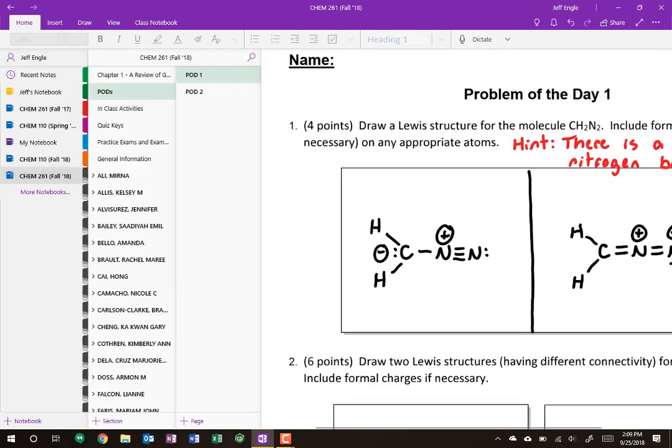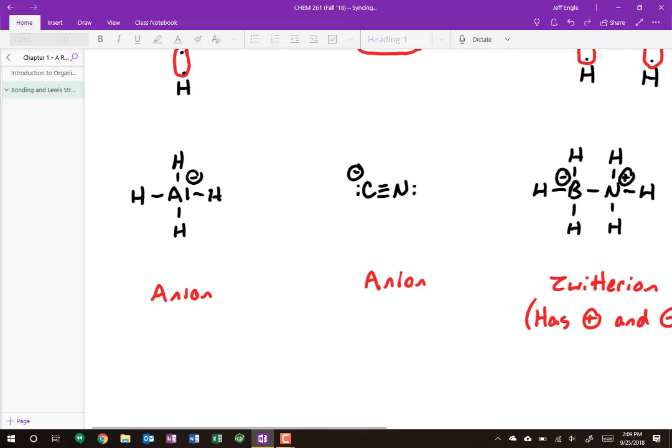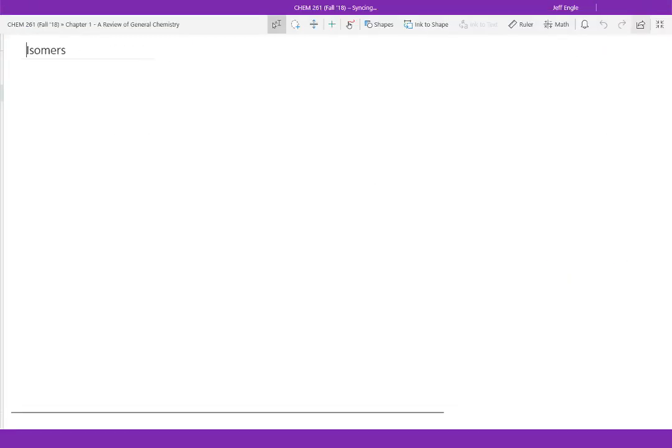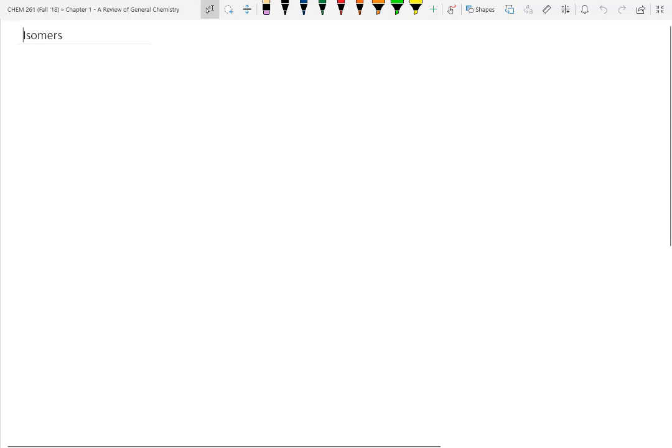Okay, going backwards. We've got to switch gears a little bit and talk about something called isomers. Does anybody remember talking about isomers in their other chemistry class? Anybody remember what they are? Okay, so I heard same molecular formula. That's the key point.